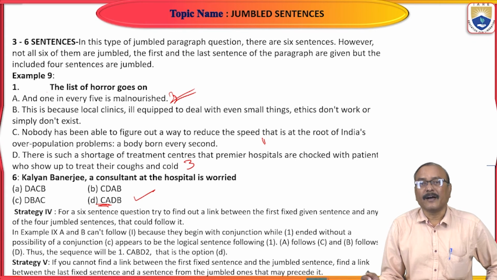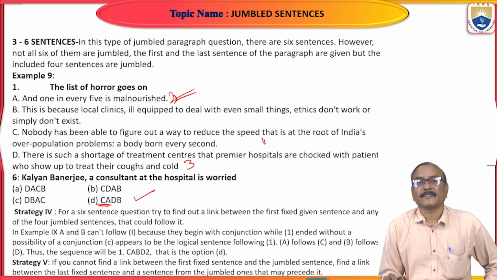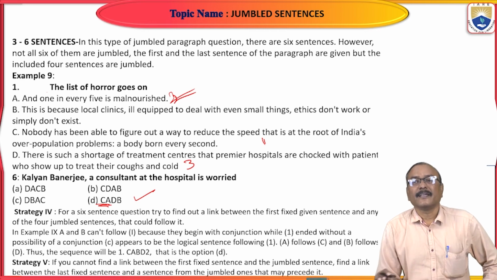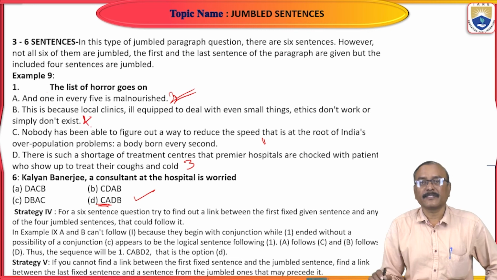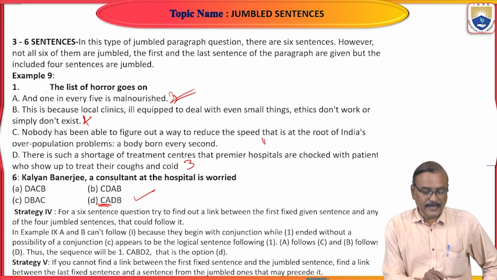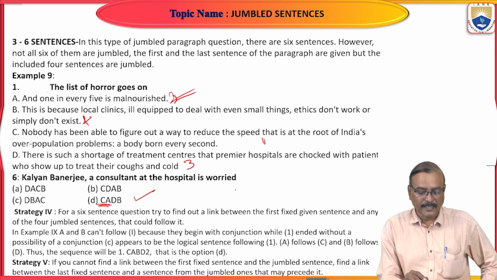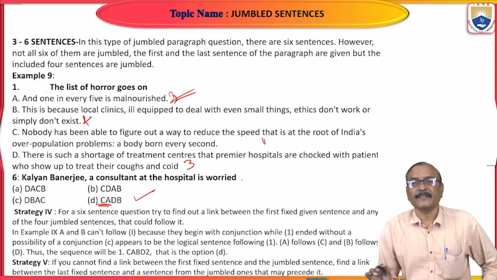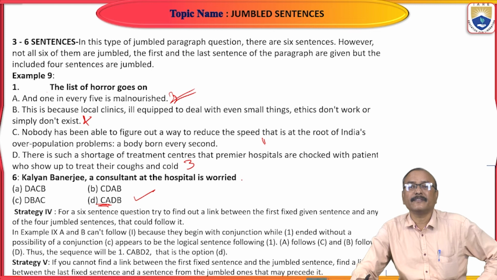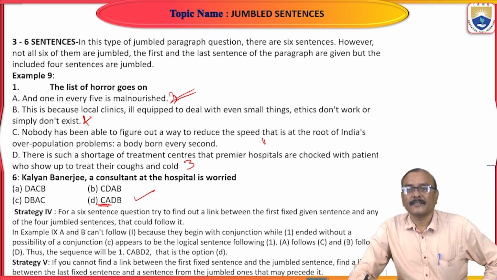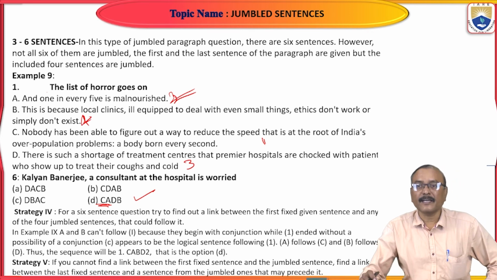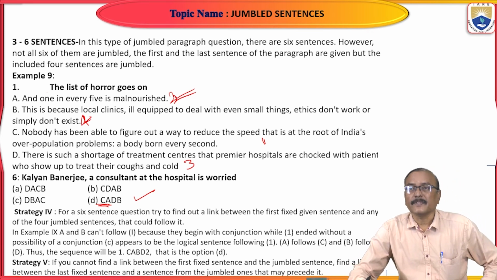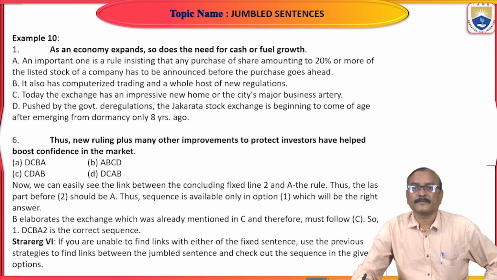This is because, this means the situation: local clinics are ill-equipped to deal with even small things, ethics don't work or simply don't exist. This is the fourth sentence. Right? Kalyan Banerjee, a consultant at the hospital, is worried. Due to this situation, he is worried. Now you see here. So option D is the correct one. Next.